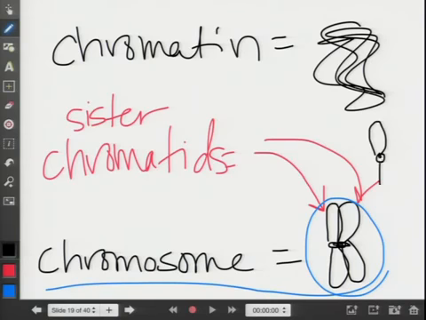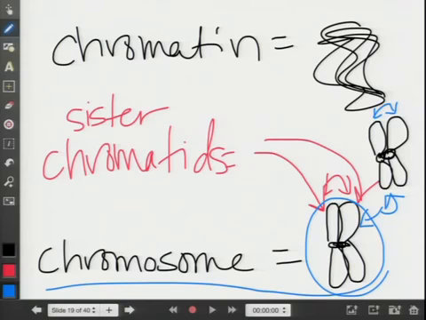So if we just drew another guy over here, that's a fat sister, right there. So these two to each other are sisters. But this one to this one are not sisters. They're just chromatids, but they're not sister chromatids. The sisters are the replicated guys. They're exactly the same because we built them by complementary base pairing during replication, which we're going to learn about next week.